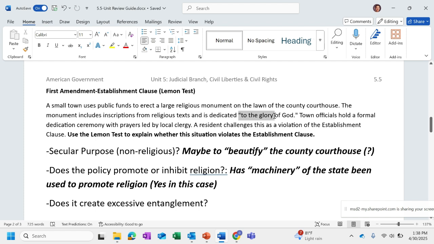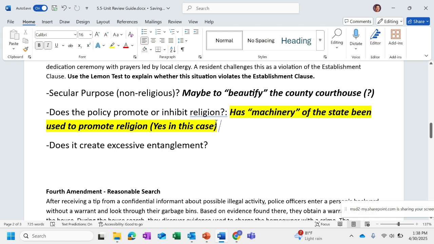It says to the glory of God. You could maybe argue God is kind of vague, but a monotheistic religion kind of harkens back to either Islam, Christianity, or Judaism. So also they have a dedication ceremony with prayers by local clergy. So it is definitely showing that the machinery of the state is being used to promote religion. So already I think we can say this violates the Establishment Clause just based on that.